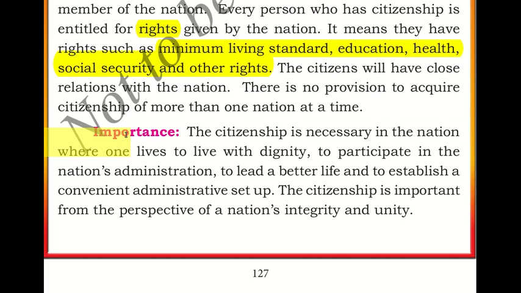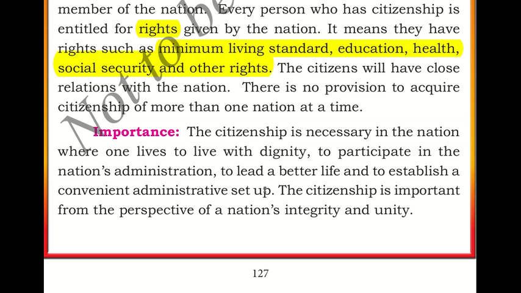Now let's understand the importance of citizenship. Citizenship is necessary in the nation where one lives to live with dignity, to participate in the nation's administration, to lead a better life, and to establish a convenient administrative setup. So you might question, why exactly do we need citizenship? We learned that whenever a nation admits anybody to be a citizen, it guarantees them certain rights.